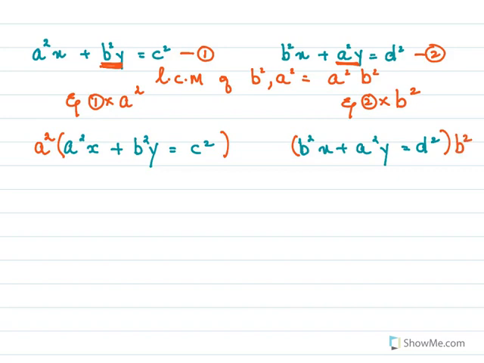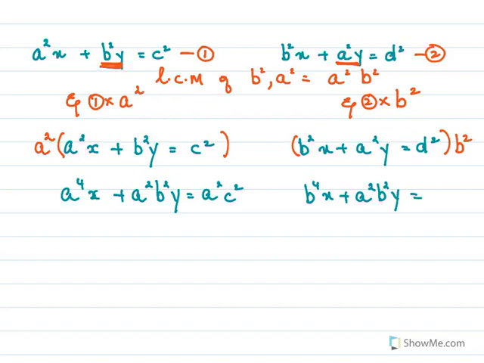So multiplying a square to a square will be a4x plus a square b square y equal to a square c square. B square multiplied by this whole equation will be b4x plus a square b square y equal to b square d square. I'll name these as equation 5 and equation 6.